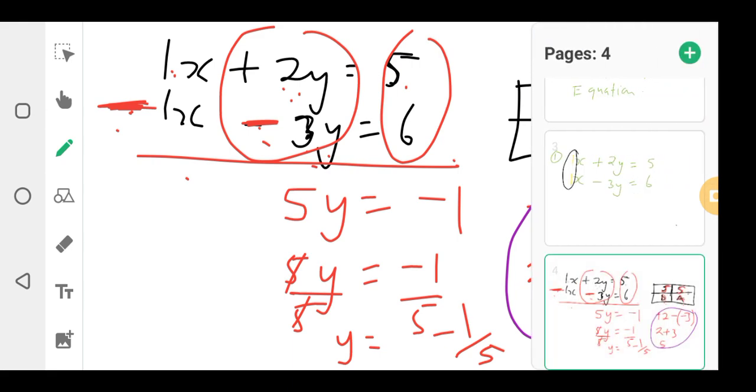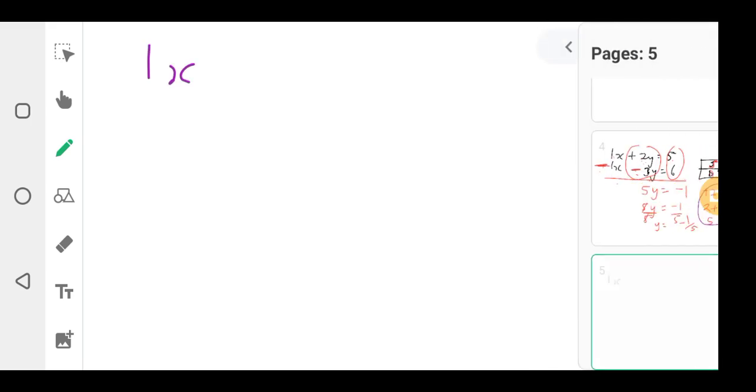Now you have found y, then you pick one of the equations to find x. We'll pick the first equation, 1x. The first equation was 1x plus 2y is equal to 5. We have found that y is equal to negative 1 over 5. So we're trying to find x now.